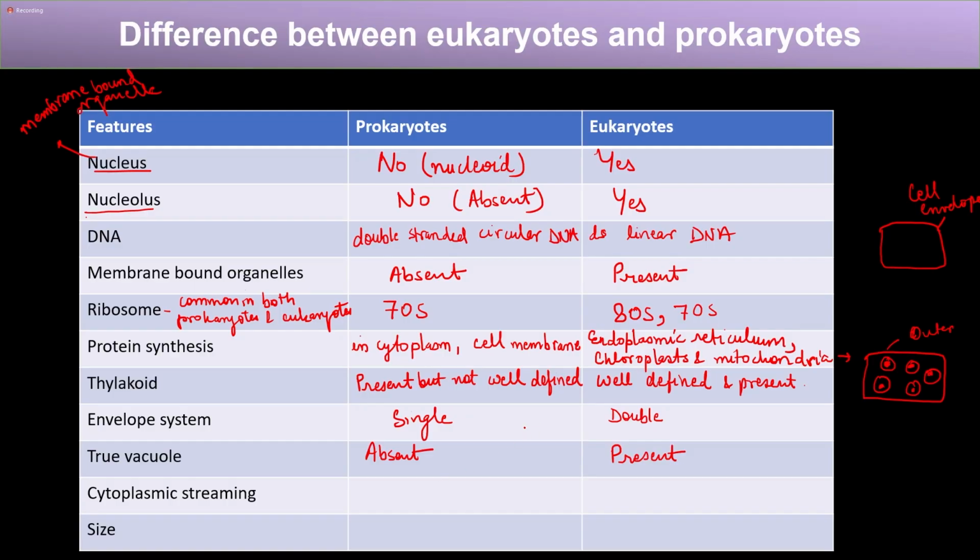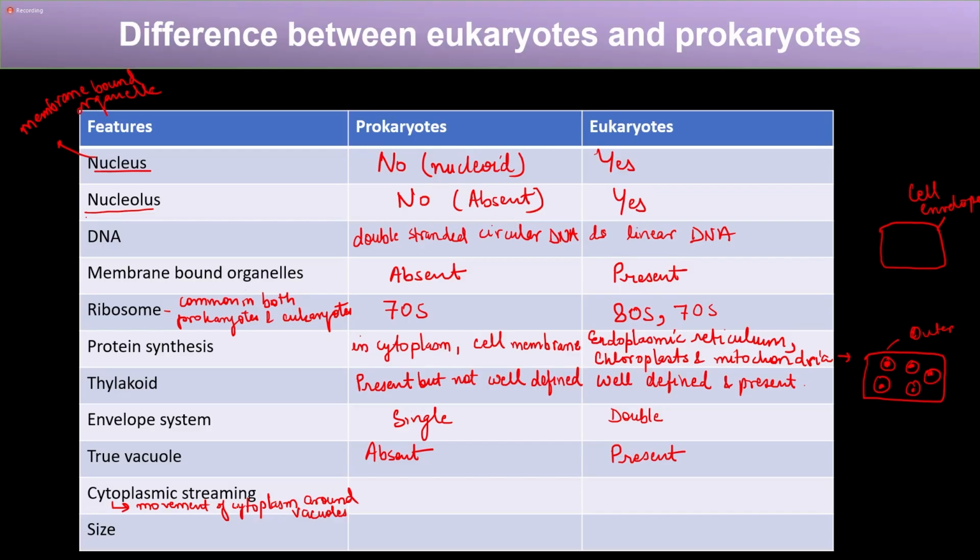Now there is one more term called cytoplasmic streaming. What is it? It is defined as movement of cytoplasm because of vacuoles, or around the vacuoles.